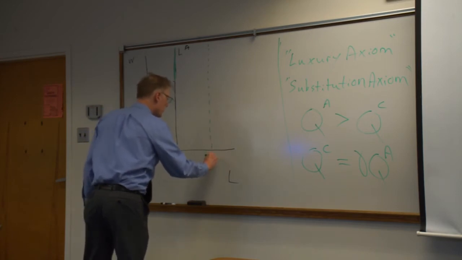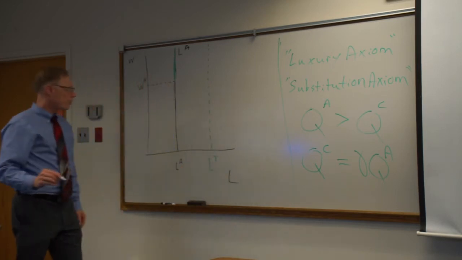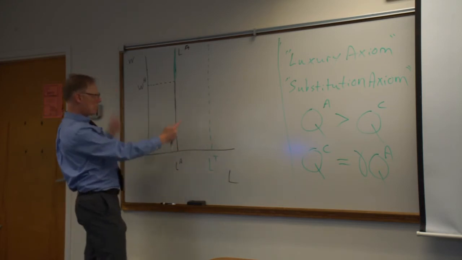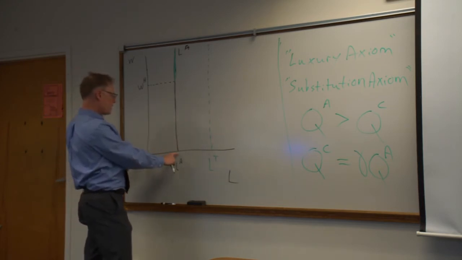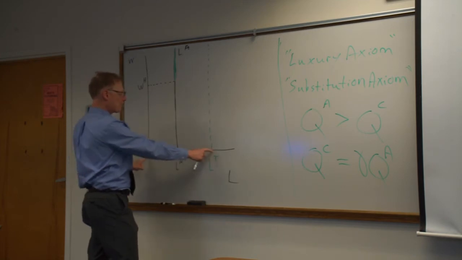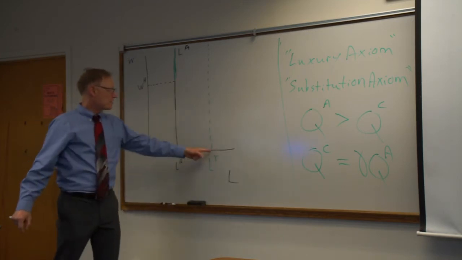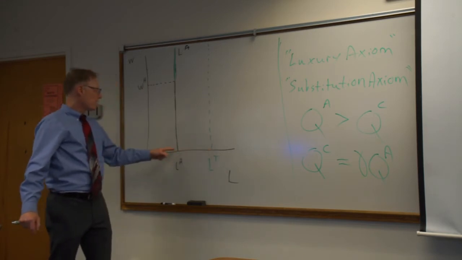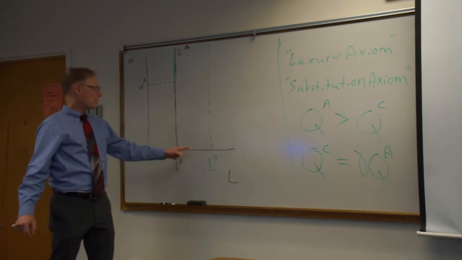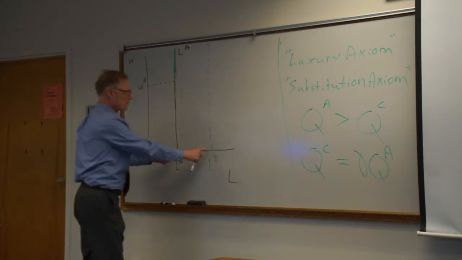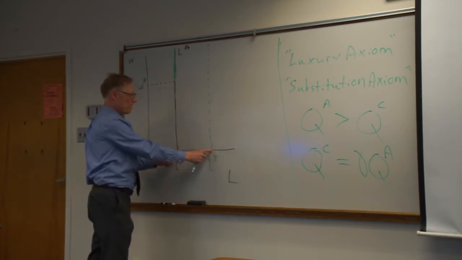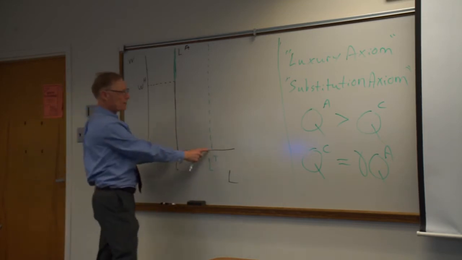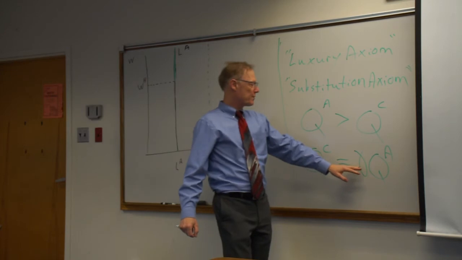So when I write here LT for total amount of labor, I've drawn it roughly so that LA is about half as big as LT. That does not mean that the number of children working is similar to those of adults. This might very well represent twice the amount of work of adults because we have this relationship.